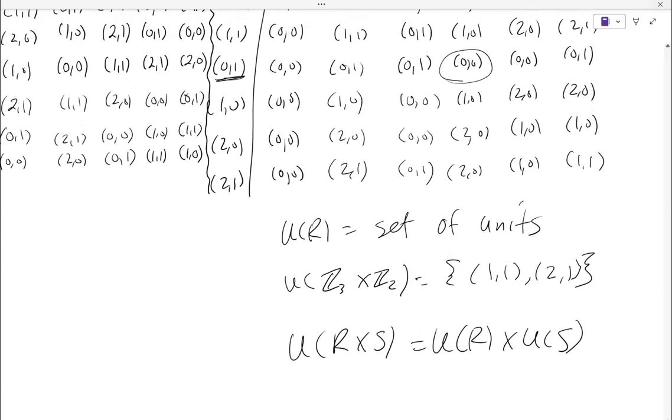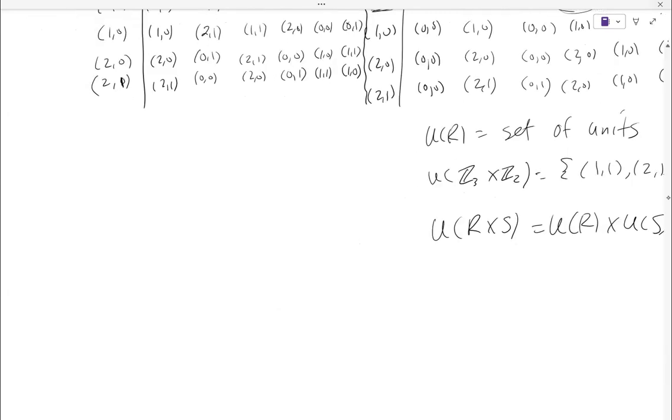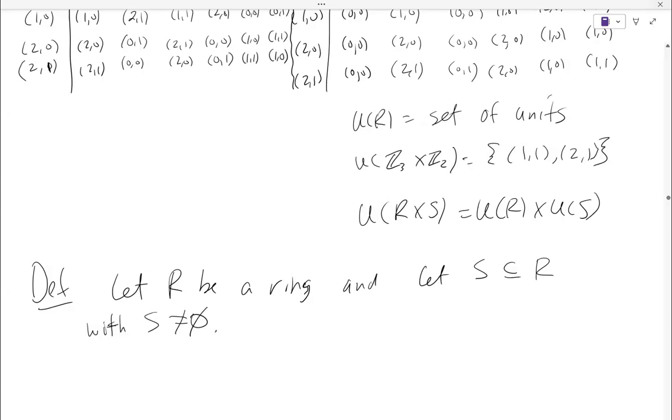Questions on that at all? All right. Let's do one more definition and play with that a little bit. We're going to let R be a ring and let S be a non-empty subset of R. We don't want empty subsets.